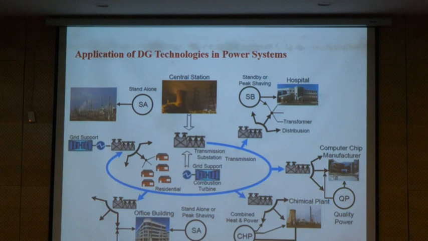Yes. One is that we buy from the grid and sell to the grid during the peak. But another is using this DG technology for regulation of the voltage and frequency. When the system is unbalanced, voltage and frequency change, and we can provide regulation for that by increasing the required power.